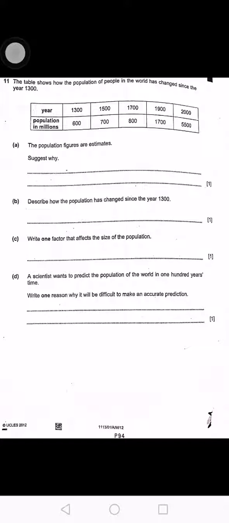Why do they say estimated, approximate, not accurate? Because, write the answer: it's difficult to count the large number of individuals in a population.